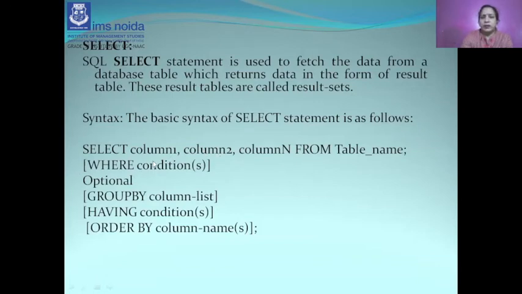Where is optional, that's why it is in square brackets. Group by is optional, it is in square brackets. Having is the condition, optional in square brackets. Order by is optional in square brackets. All these we are not discussing at present. At present we are discussing how to retrieve the records with the help of the select command.